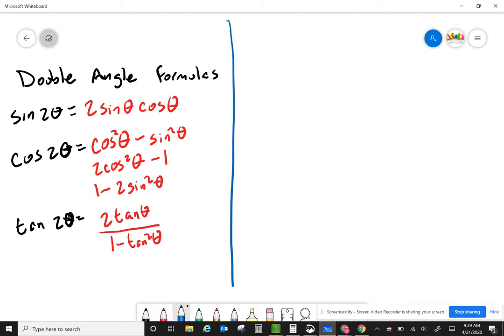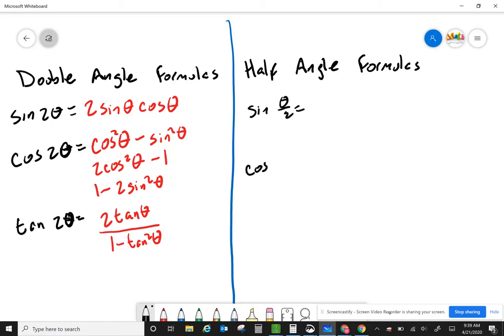Write down these formulas. We're also going to use what we call the half angle formulas. For that one, I'm going to be dealing with sine of theta over 2, cosine of theta over 2, and tangent of theta over 2.